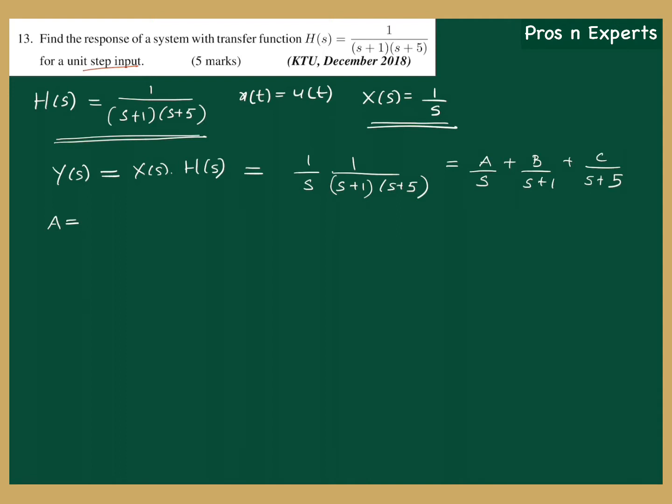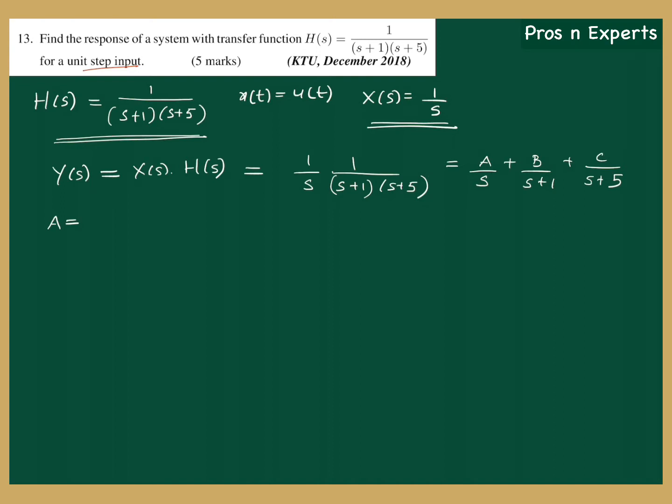Put that value for s in the remaining factors s plus 1 and s plus 5. What is that value? It is nothing but s equal to 0.